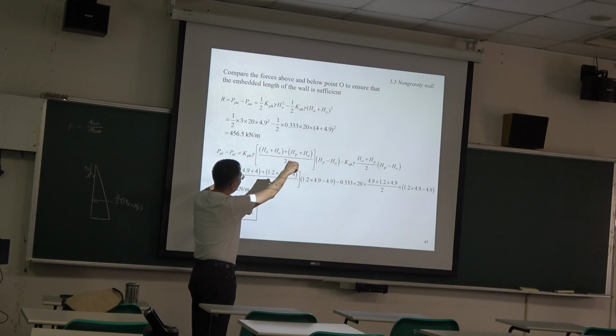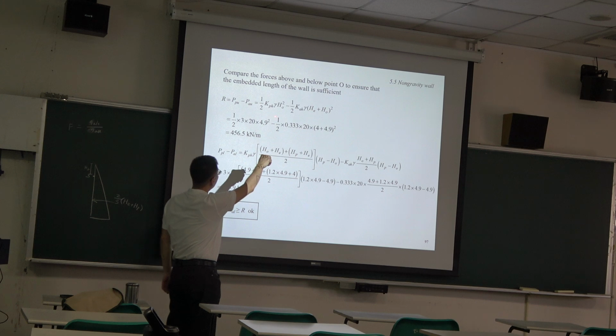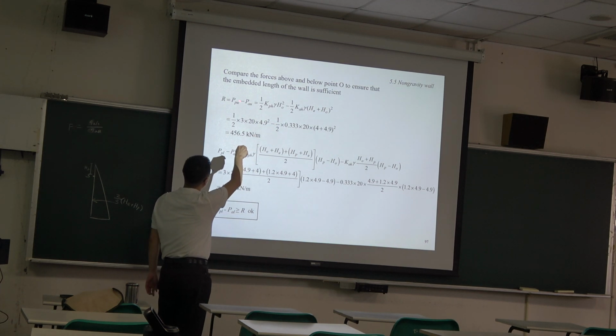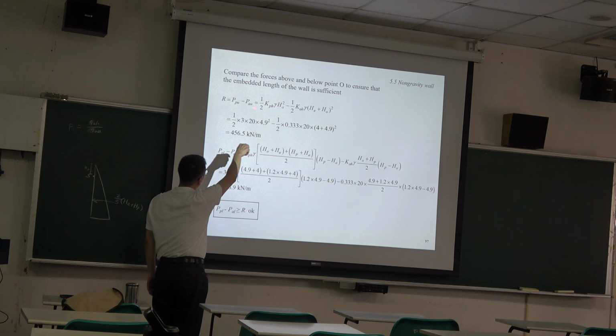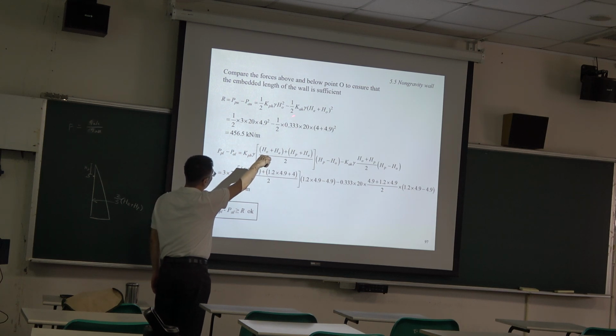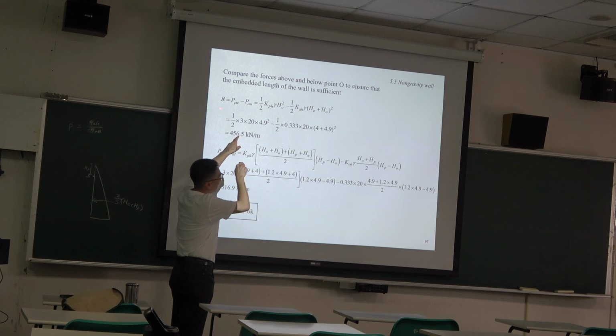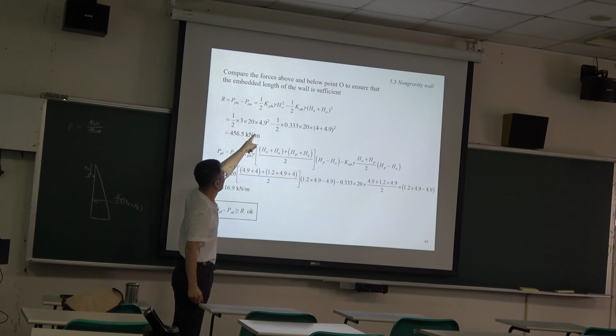So we know H0, we know HE, so we can work out this part. And here is also H0. So we have this value, and we also have the active side value. So the internal force R is this. That's the difference from here. So we know this value.